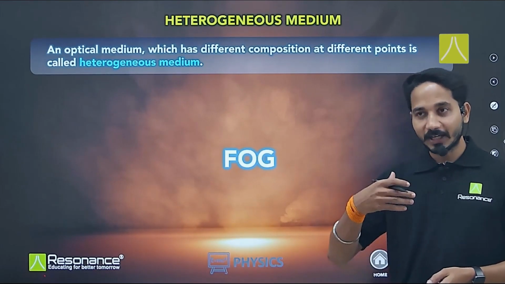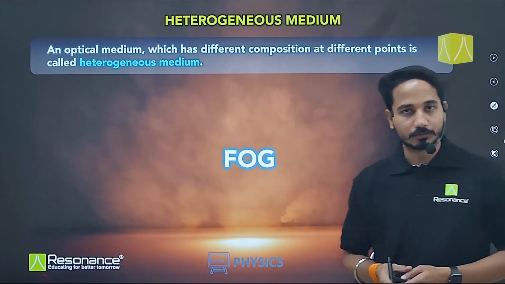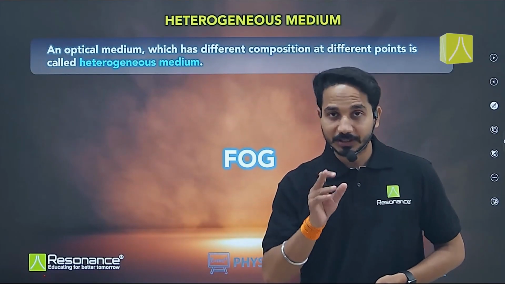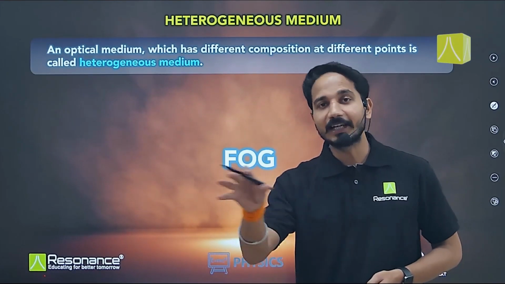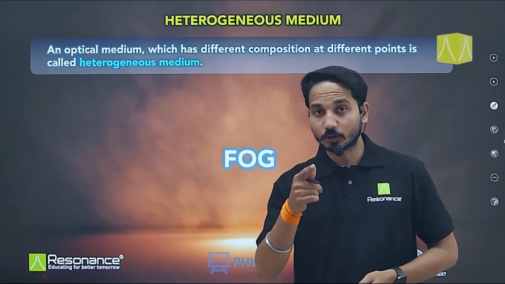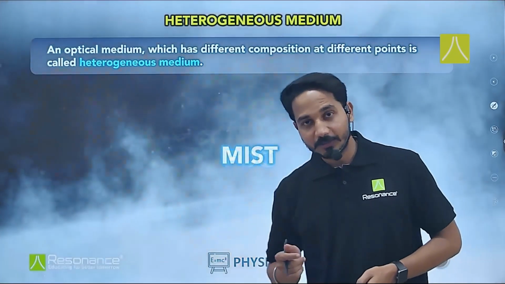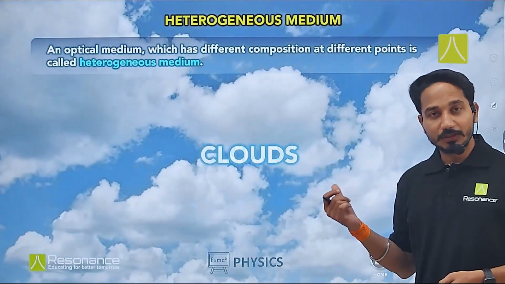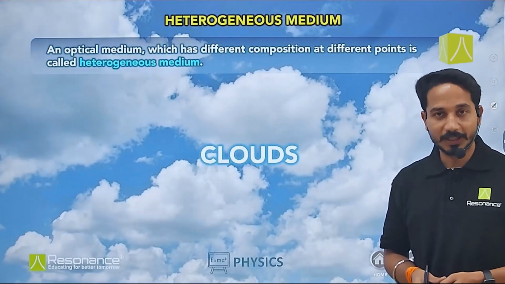But at some points we are able to see a little farther, right? So this is what is called composition. Their composition is not similar at every point, right? Fog is also a heterogeneous medium. Similarly, mist is also a heterogeneous medium, and cloud is also a heterogeneous medium, right?